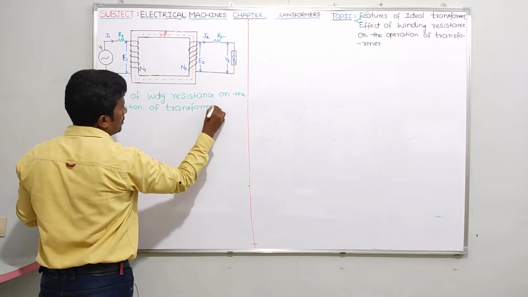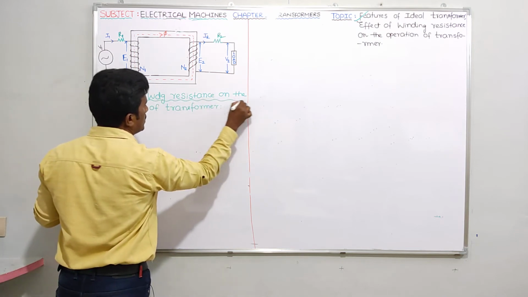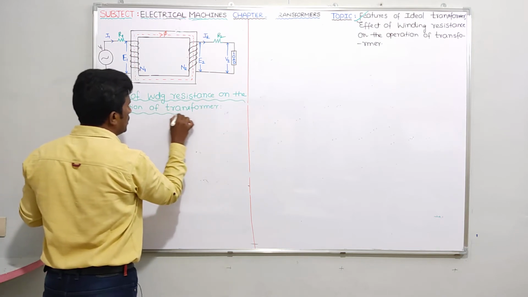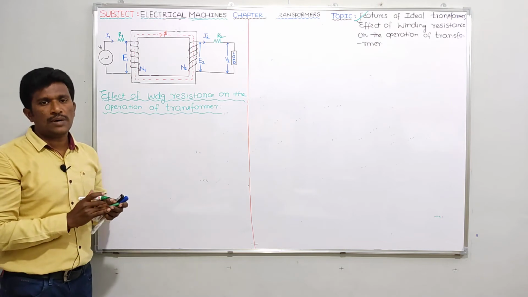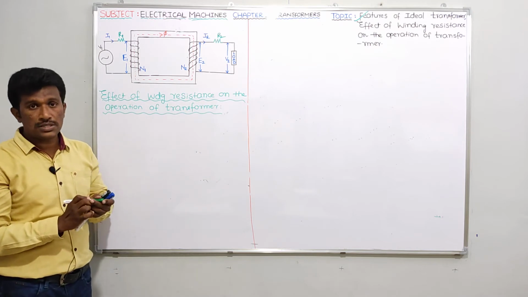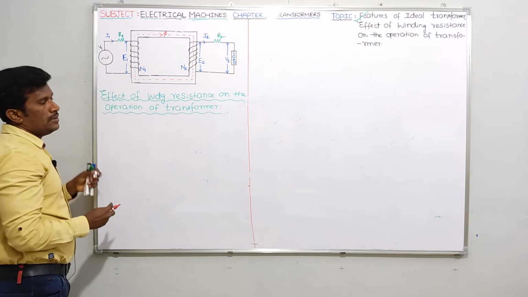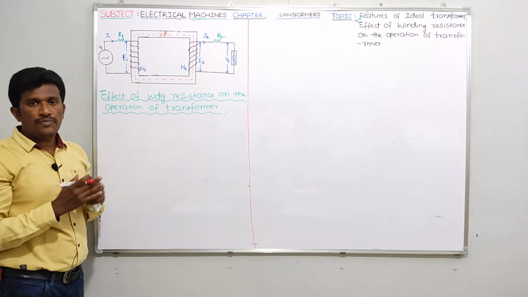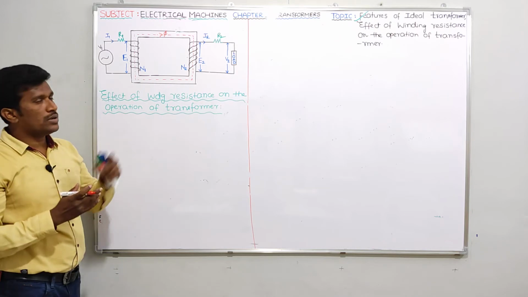Tell me guys, suppose if resistance is not there, no doubt in primary side no drop, in secondary side no drop, in primary side no copper losses, in secondary side no copper losses. But because of this resistance value R1, in primary side some I1 R1 drop will be there, and in secondary side also some I2 R2 drop will be there.